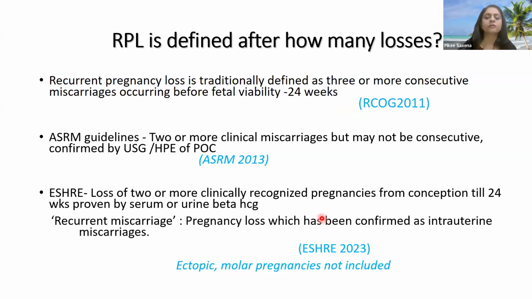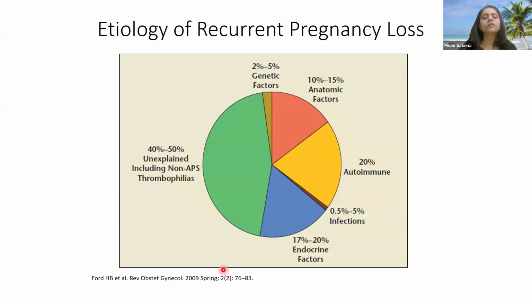But this says that even beta HCG positive in the serum or UPT positive is also considered, that is, chemical pregnancy is also considered as RPL here. However, ectopic or molar pregnancies are not included. And recurrent miscarriage is another term. This means that it was an intrauterine pregnancy, that is, you have confirmed on ultrasound that it is intrauterine.